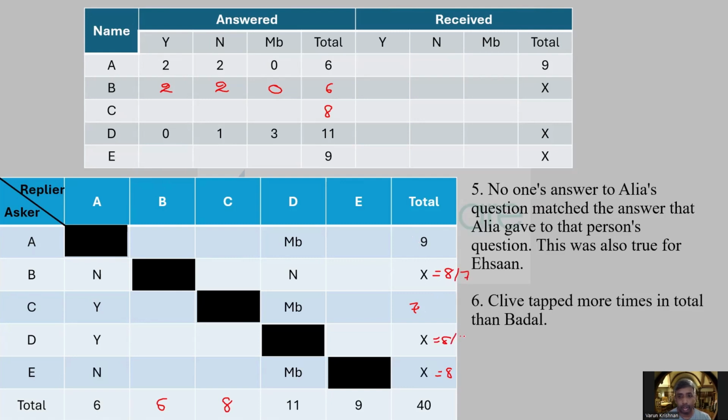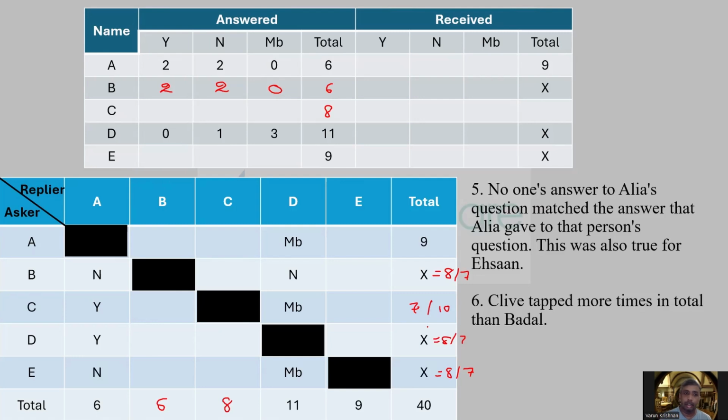If I take x value as 7, then 7 3s are 21 plus 9 is 30. So the remaining 10 taps have been received by Clive. That's also possible. Is 6 possible? No, it's not, because 6 3s are 18. 18 plus 9 is 27. So the remaining 13 taps have to be received by Clive, which is not possible. Because the maximum you can receive is if everyone answers your question maybe, that is 3 4s are 12. So you cannot have more than 12 taps received. So Clive could have received either 7 or 10 taps when the value of x is 8 or 7.